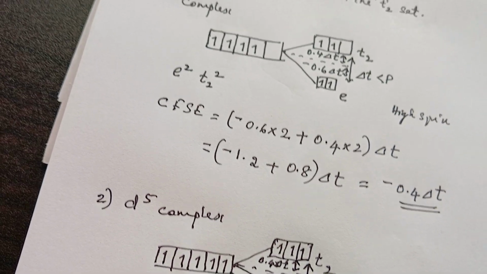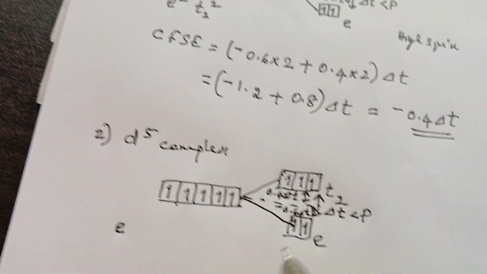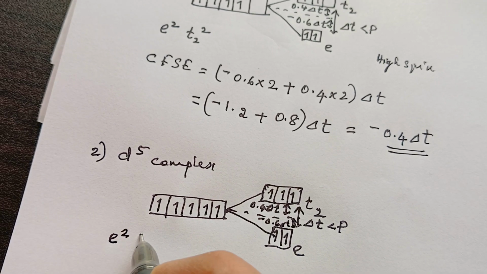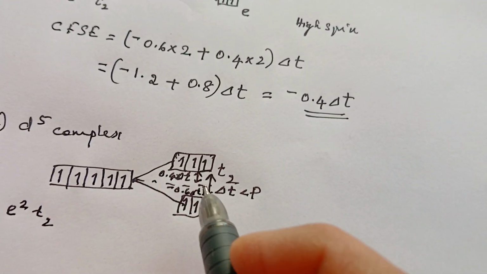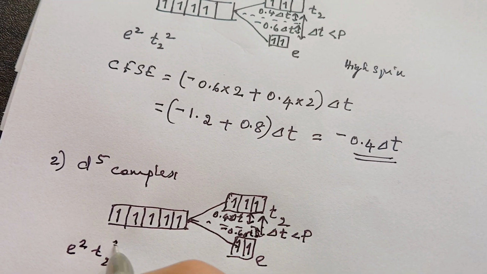So let's write the electronic configuration. That is E, how many electrons in here? 2, E2, and in the T2 set we have 1, 2, 3 electrons, T2 3.